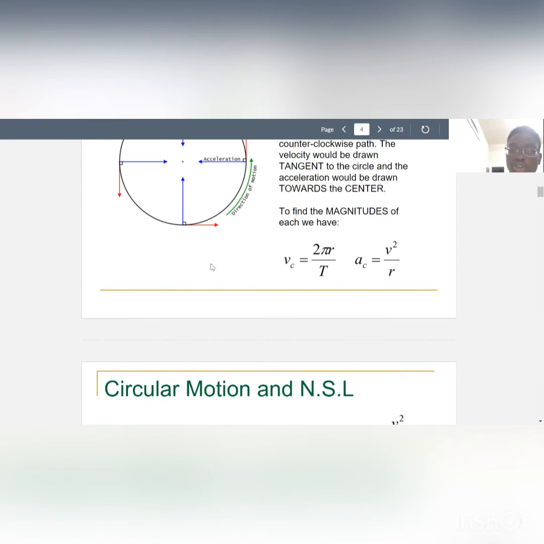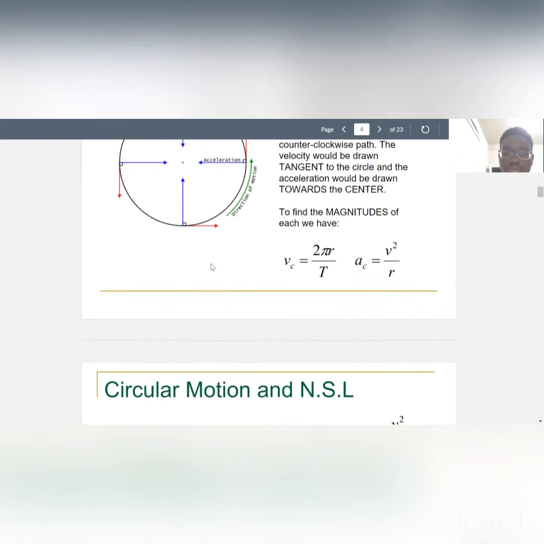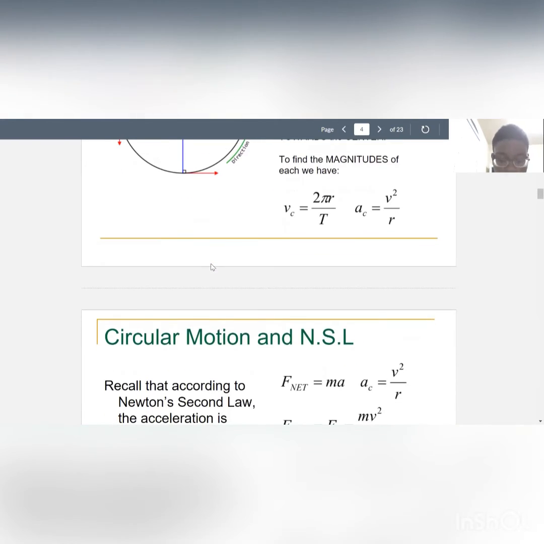And on the left, you can also see the formula that I said for velocity, which is 2 pi r divided by t. And so, like the regular acceleration, the unit for centripetal acceleration is meters per second squared.